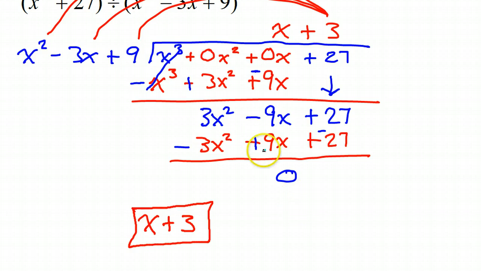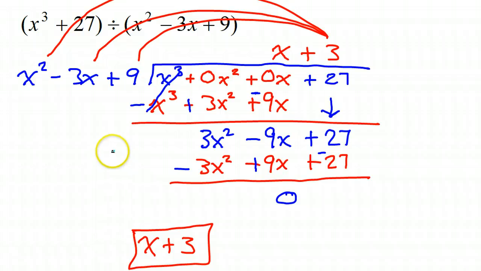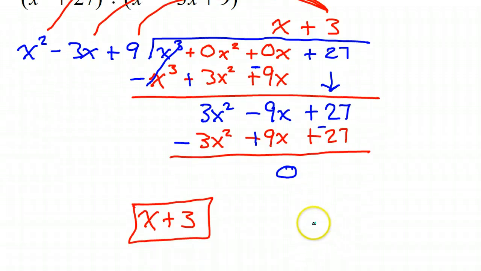So that's it. I'm just going to mention as an extra bonus, when something divides in evenly like this, what we really have done is we have also just factored. Because if I take the divisor and the quotient, the answer that I got, and multiply those together, that should get me back to where I started.